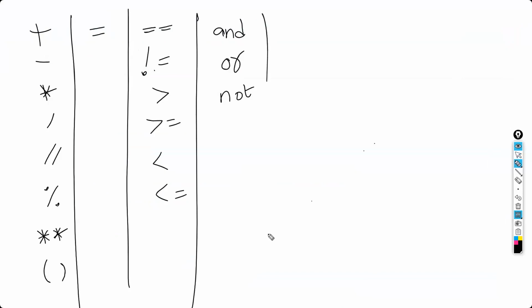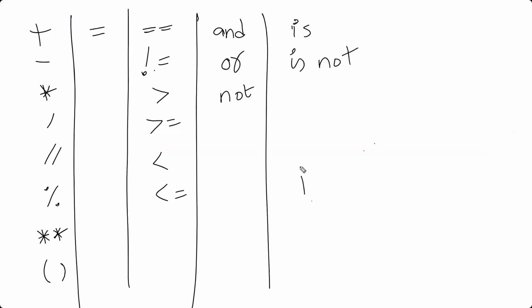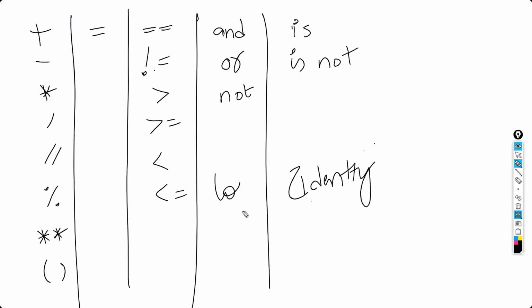Next, coming to the next one called identity operators: is, is not. These both are called identity operators. This is called logical. This is called comparison.